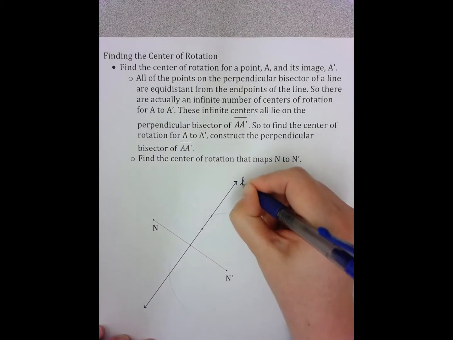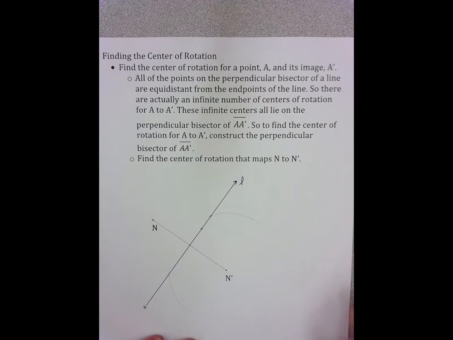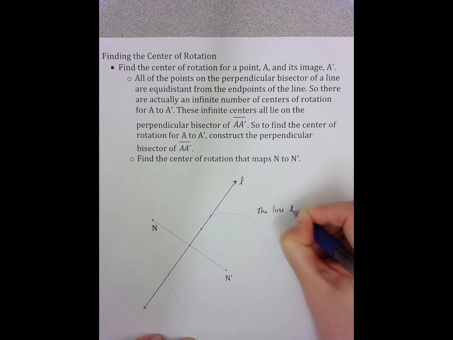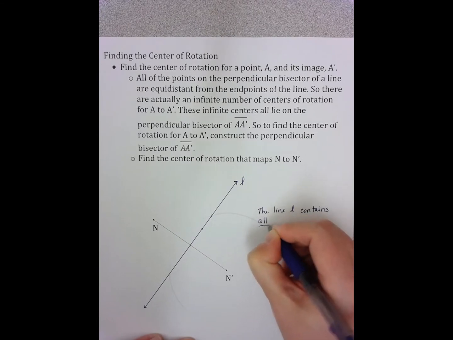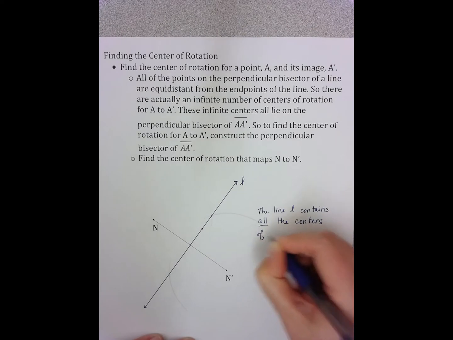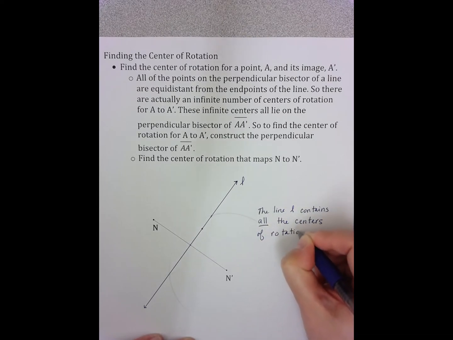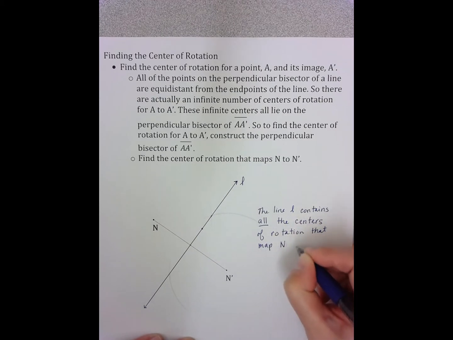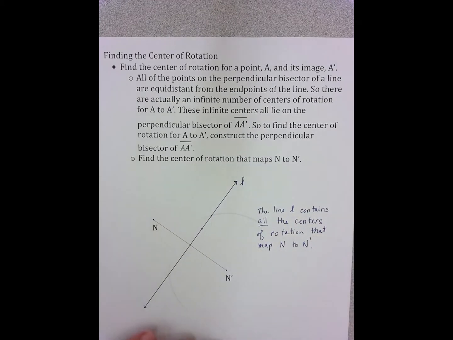The name I'm going to use is a cursive L. And so now we want to say that line L contains all the centers of rotation that map N to N prime.